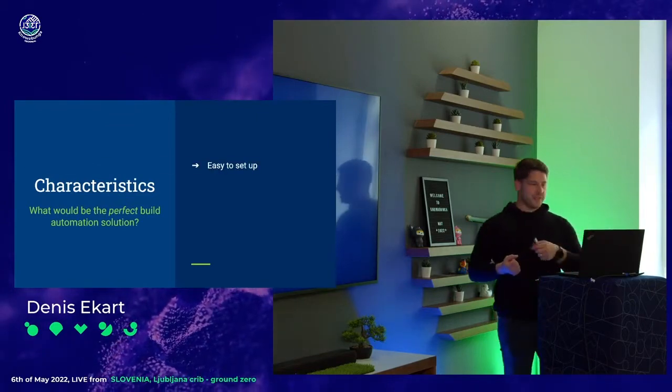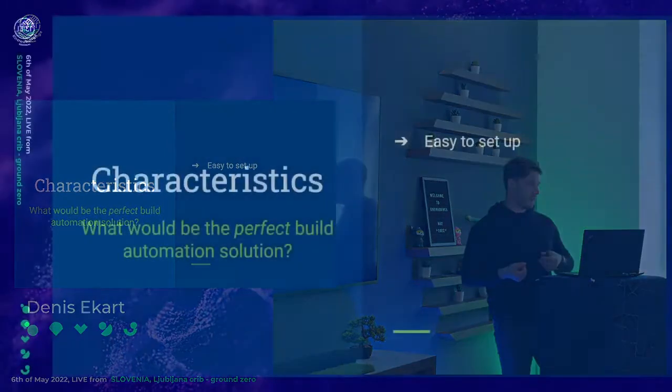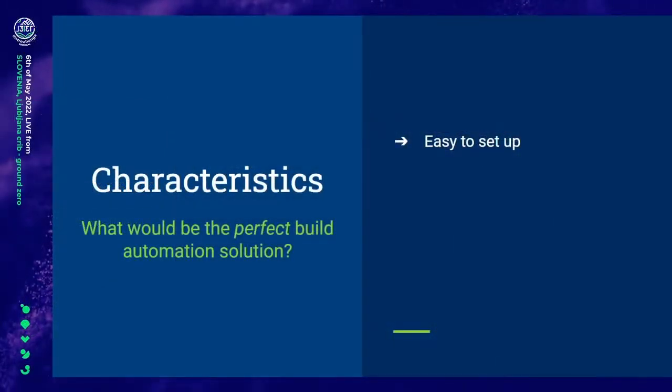So it needs to be easy to set up, right? Adding some build automation, some scripting to an existing solution shouldn't be hard. It would need to be easy to run. So I shouldn't have to depend on external software to be installed in order to run it. Think click to run.